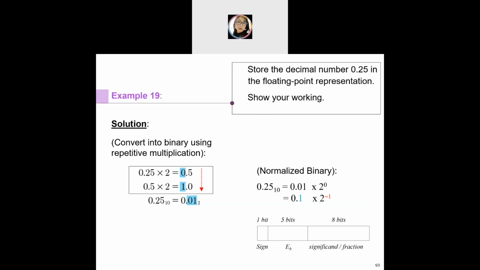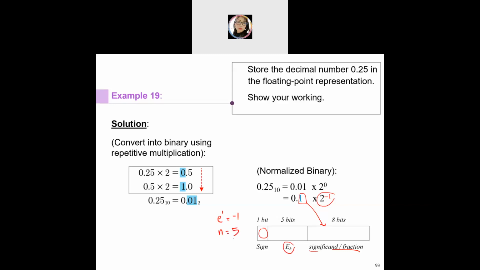After we have this answer, we can see the sign is positive, so we put it here. We need to settle that first. This we can directly put into the significant and fraction. And this EB, this is our E prime, minus 1.